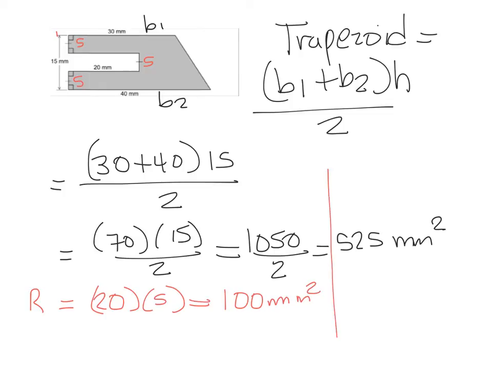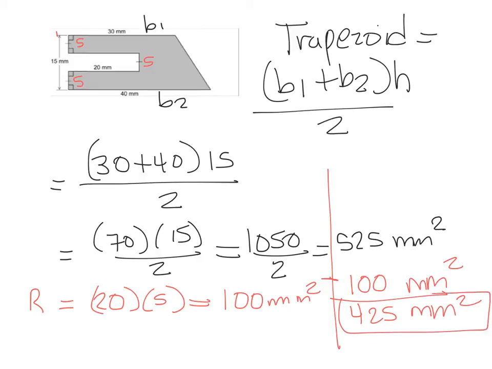So let's do the subtraction. 525 minus 100 millimeters square gives us 425 millimeters square. And we're done. Remember, it is very important for you to understand, we don't care which is base 1 and base 2.